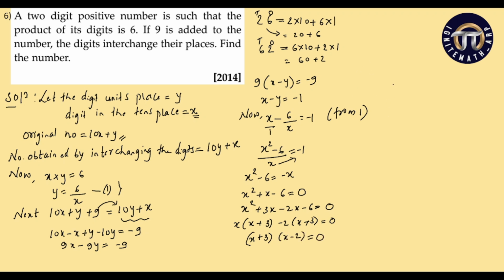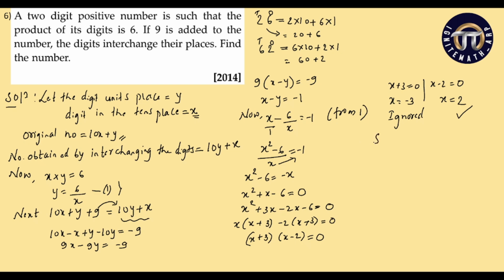So now x plus 3 is equal to 0, then x minus 2 is equal to 0. That is by the zero product rule. x equal to minus 3 is ignored because a digit cannot be negative. So x is equal to 2. So I will go ahead with x equal to 2.